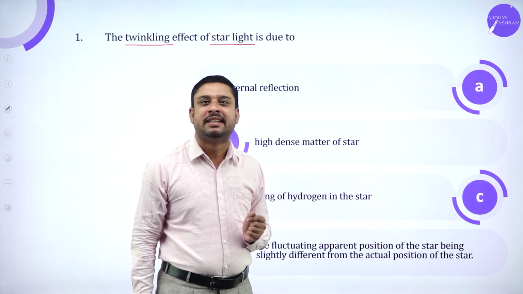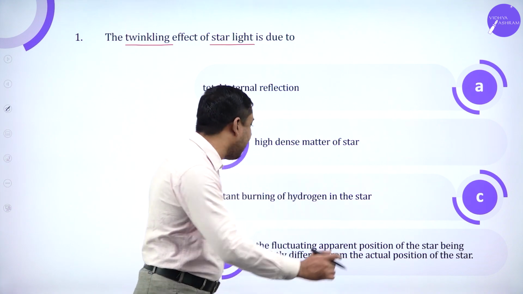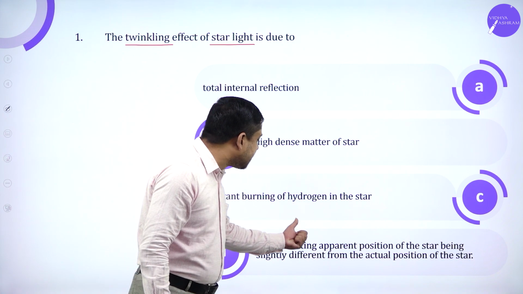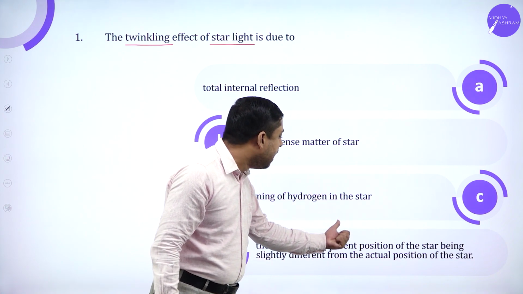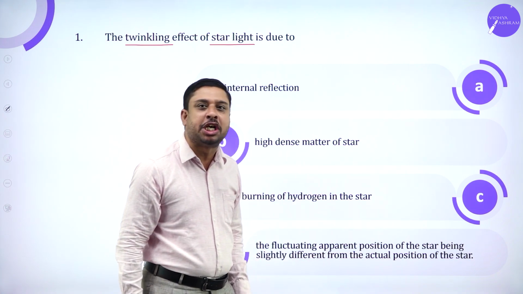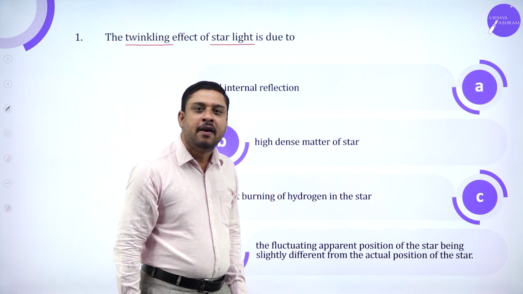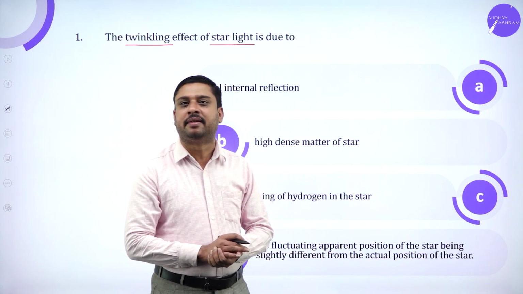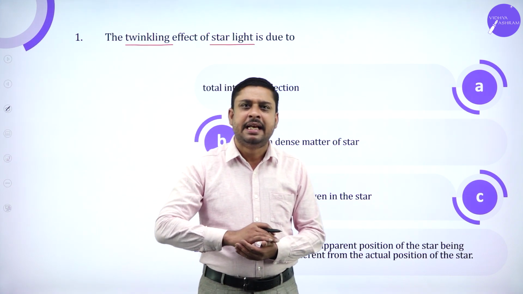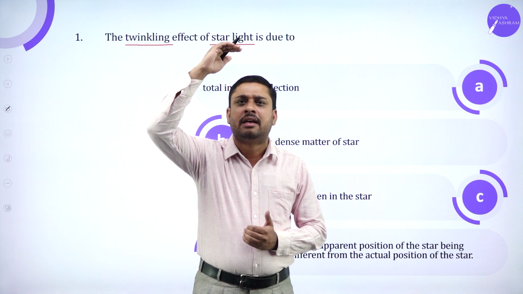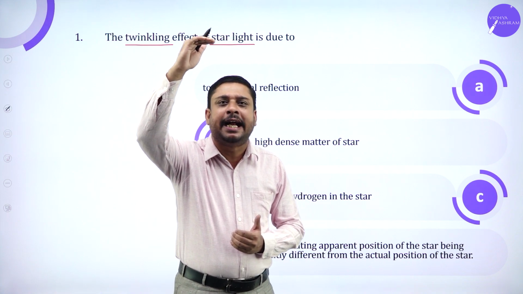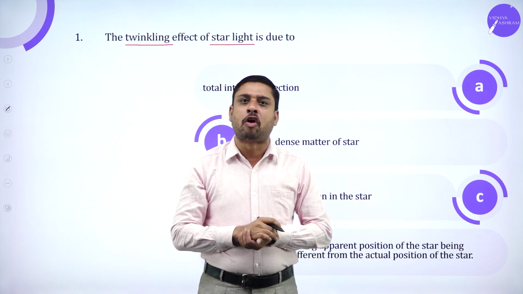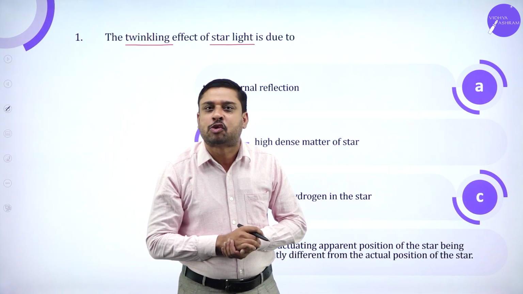But no, the precise answer is the fourth one, which is the fluctuating apparent position of the star with respect to its actual position. The stars are located at a certain height from the surface of the earth.